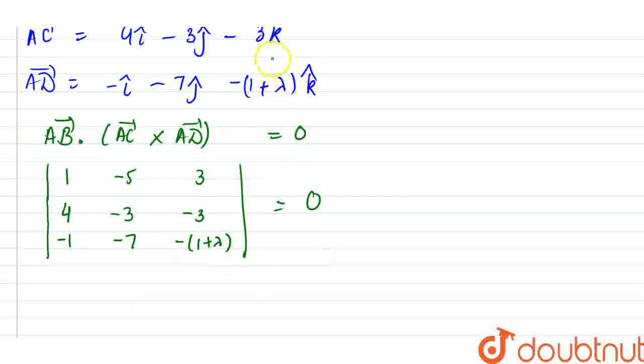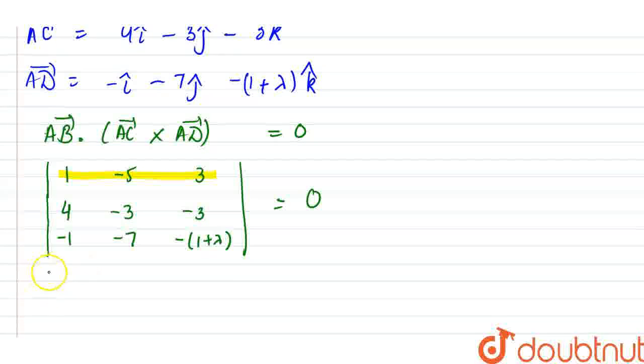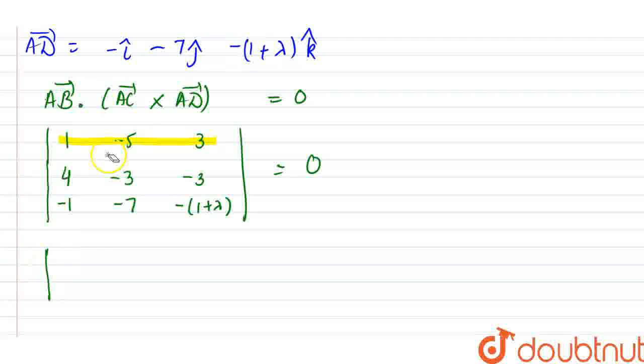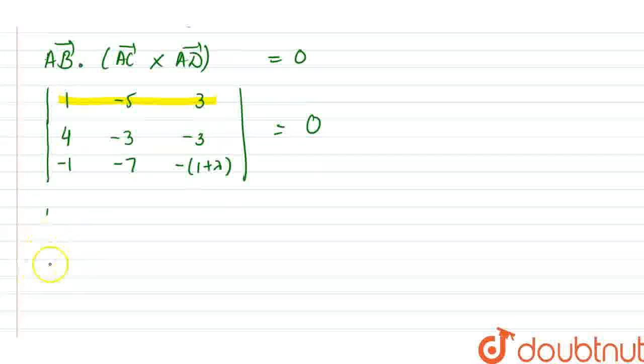Now this is a determinant. Let's say we are going to expand it along row number 1. So on expanding along row number 1, this is 1, and this will be -3 into -(1 plus lambda). So this will be 3 into 1 plus lambda, minus, plus -7 times 3, 21.